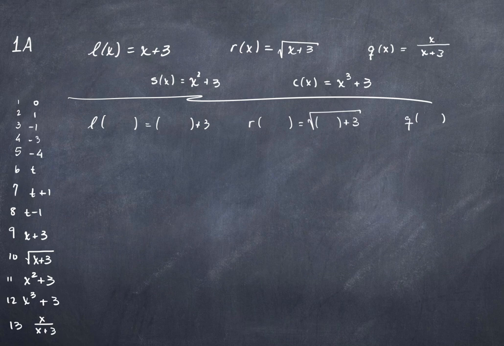q of x equals x over x plus 3. And then I have s of x equals x squared plus 3, and c of x equals x cubed plus 3.